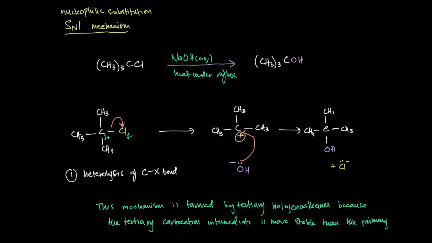Over here we're comparing tertiary and primary. Why is it favored by tertiary rather than primary? It's because the tertiary carbocation intermediate is more stable than the primary carbocation intermediate.